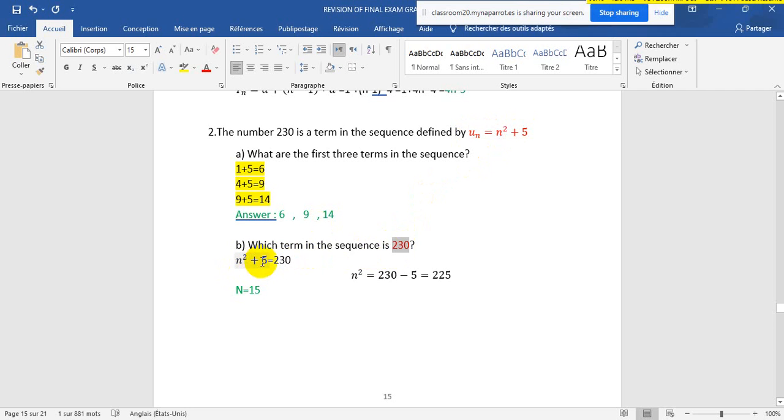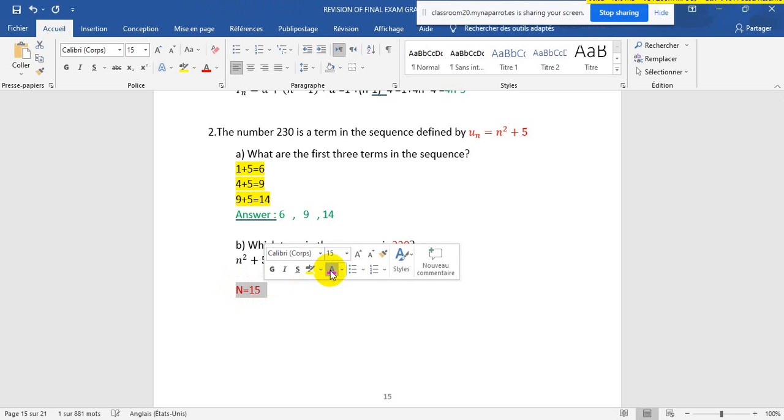You can see this is plus 5, so I will subtract 5 from both sides. 5 minus 5 is 0, and 230 minus 5 gives 225. You can see that 225 is a square number. It can be written as 15 multiplied by 15. So n squared equals 225, and I am looking for the value of n. Let n equal 15. This is the correct answer.